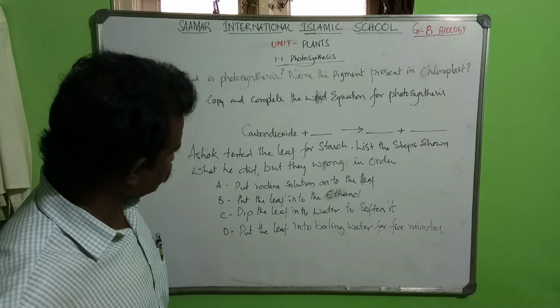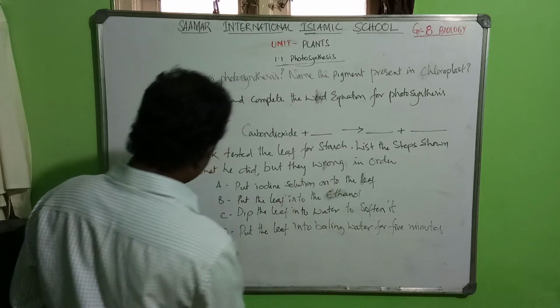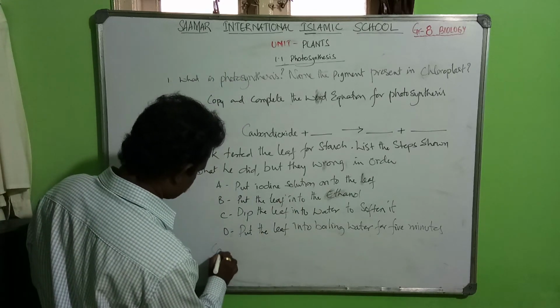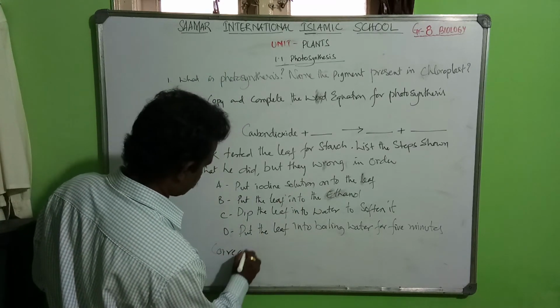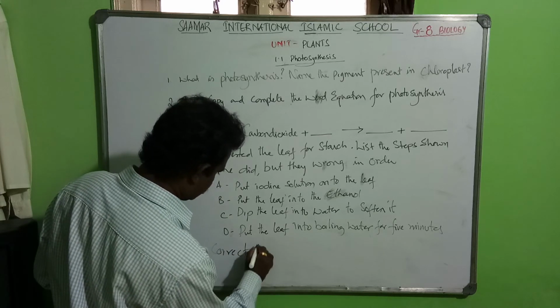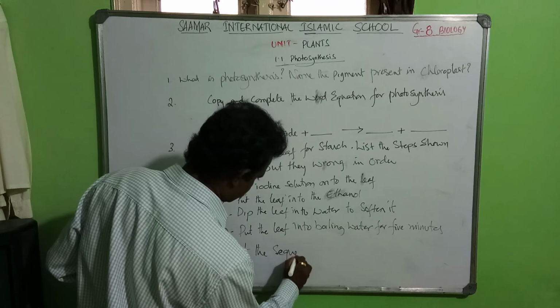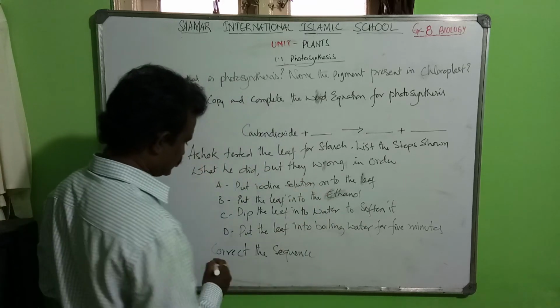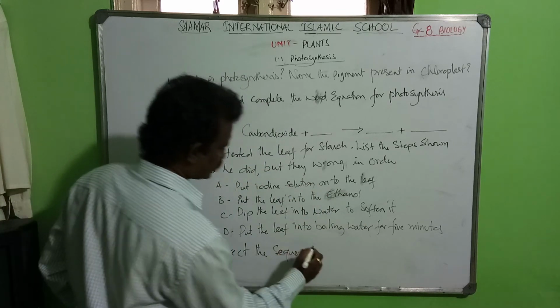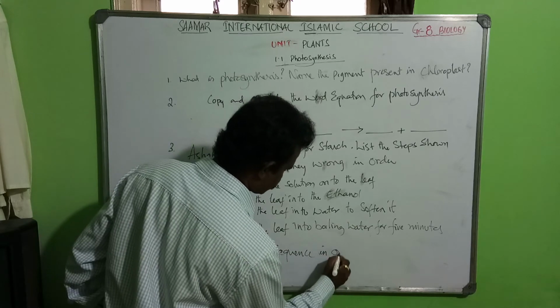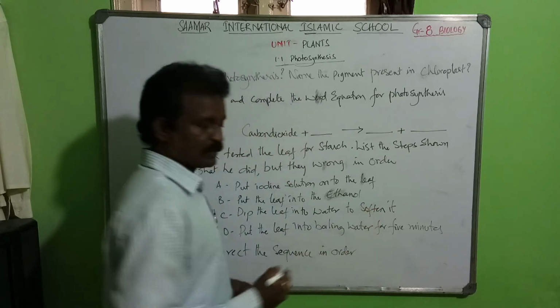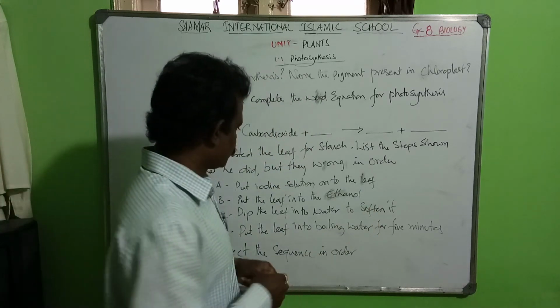You have to correct the sequence. You have to put the correct sequence in order, because you have observed the activity we have done. You have to put them accordingly.